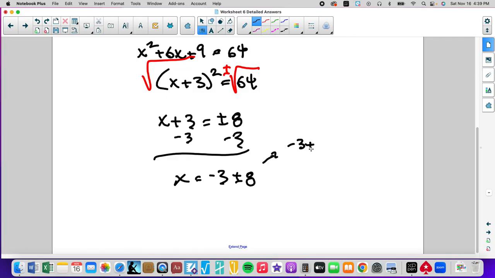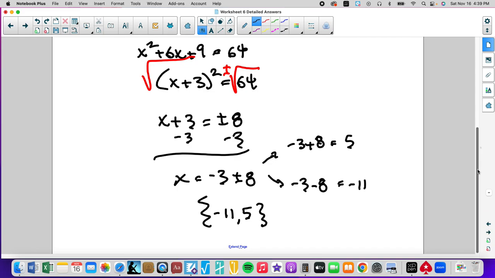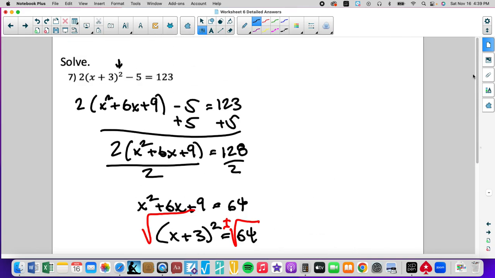So negative 3 plus 8, or negative 3 minus 8. That's 5. That's negative 11. So negative 11 or 5. Those are my solutions. You can look for extraneous solutions, just making sure. Yeah, it's fine, because we're going to put in our negative number, we'll square it, and that'll work out just fine.